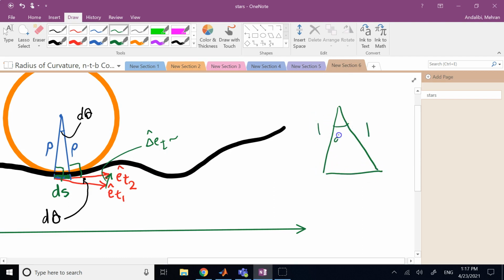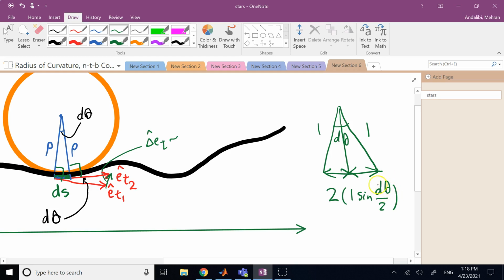This angle is d theta. And what you want is this side. And clearly, if you want, you can see that it is going to be 2 times 1 sine of d theta over 2. Correct? Each one of these is 1 times sine of half d theta, and then you add them together.